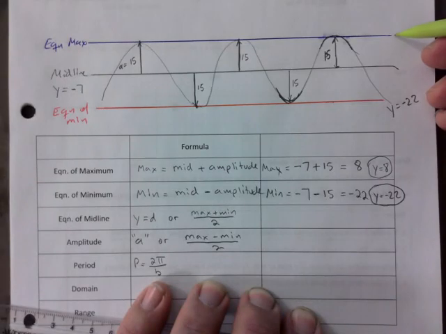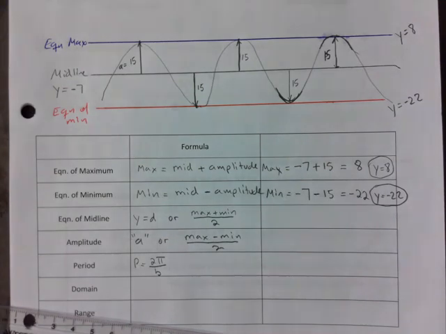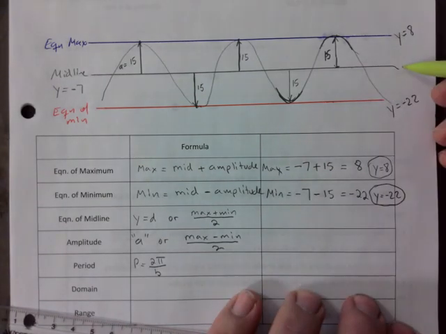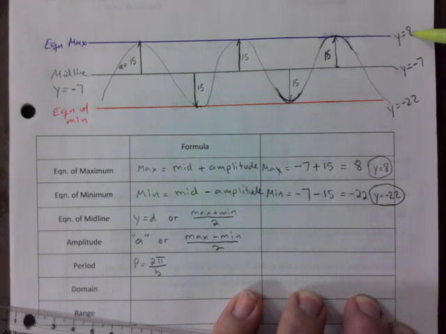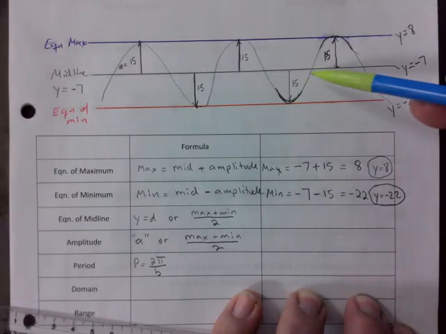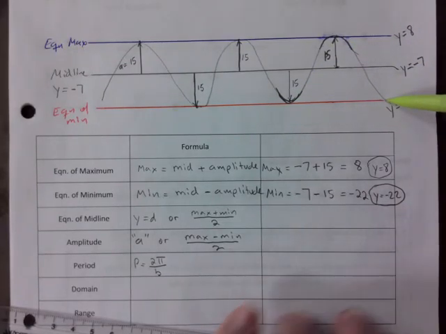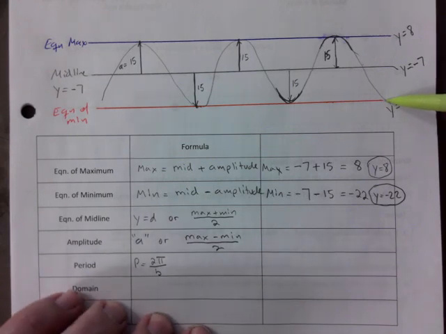And the top here is a horizontal line which is equal to 8. What's the middle? I'm going to do this one more time. This one is -7. So these three lines are very important to us: the minimum, the midline, and the max, because it's going to jump. We're always going to jump from the lowest to the mid, to the high, back to the mid, back to the low. That's going to be a very common pattern here.